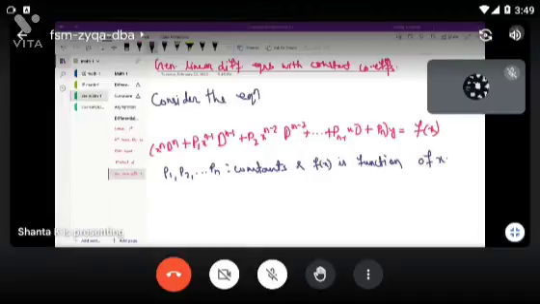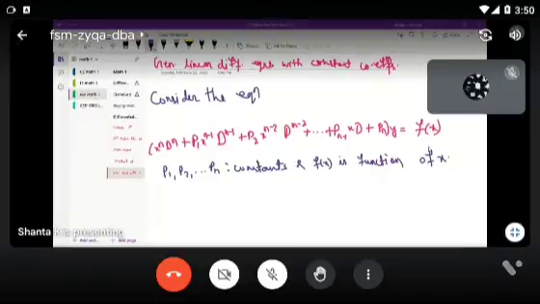Okay. So the above equation can be reduced to a linear equation with constant coefficients by substitution. So this equation you can reduce to a linear equation by doing a substitution.